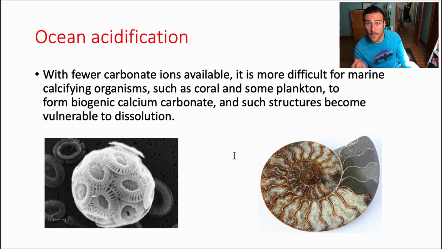With this, think about all the calcium forming organisms. Whenever you see a shell on an organism, that shell is made of calcium carbonate. With fewer carbonate ions available, it is more difficult for calcifying organisms such as coral and plankton to form biogenic calcium carbonate.